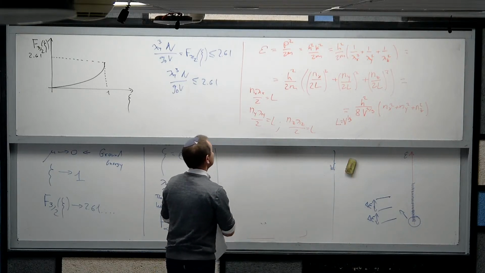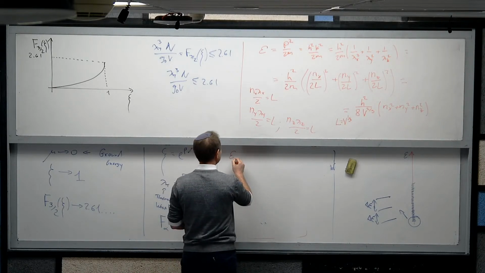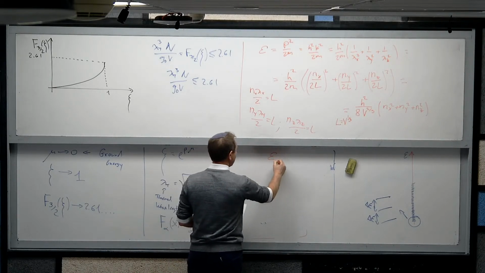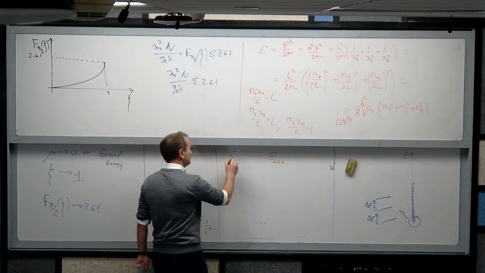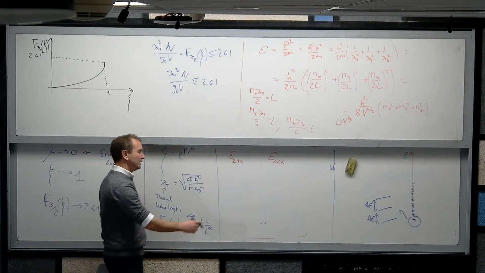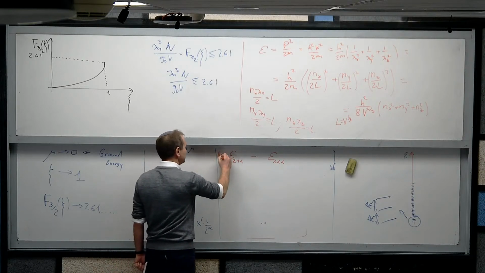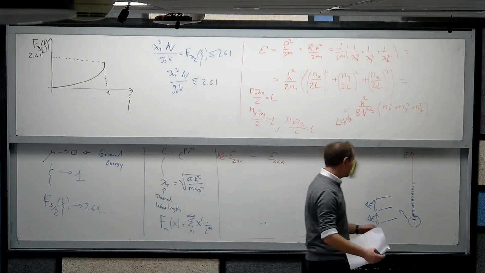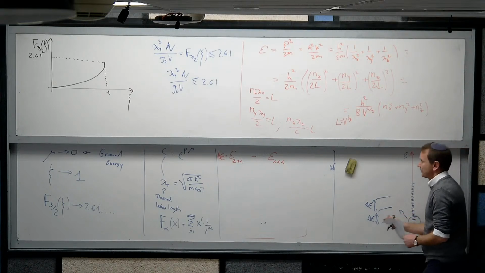So if we take the lowest state, epsilon 1,1,1, this is the ground state of the particle, and we look at the first excited state, and we subtract between those two, this is the delta epsilon, the delta epsilon that we have down here near the ground state.